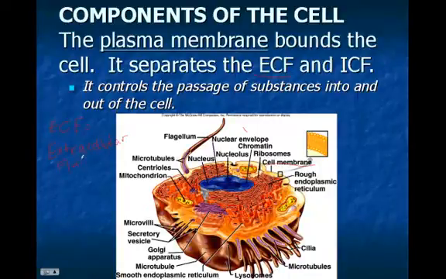And so, as you can guess, ICF is what we call the intracellular fluid, or the fluid within the cell. So the plasma membrane is really important for separating the fluid inside the cell from the fluid outside of the cell. And again, it controls the passage of substances into and out of the cell, allowing certain substances in and preventing certain substances from coming in and going out.